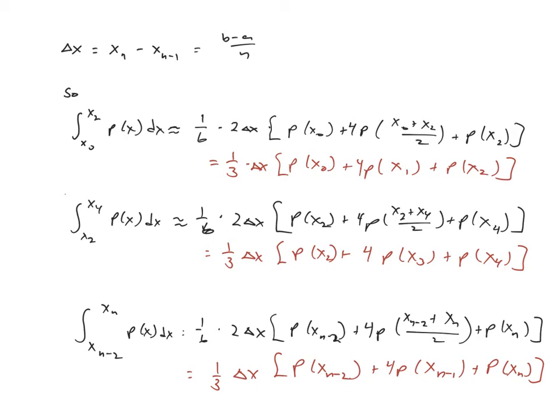So I'll have 2p of x2 plus 4p of x3 plus p of x4. And that pattern will continue. So you're going to see the first one here will always have that factor of 1, and the rest will alternate. Let's formalize this in the next slide.